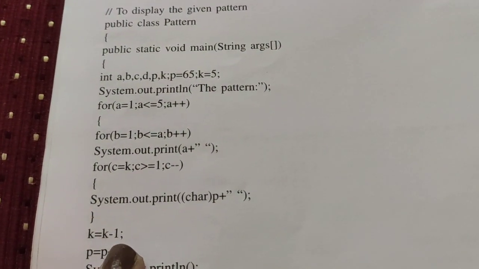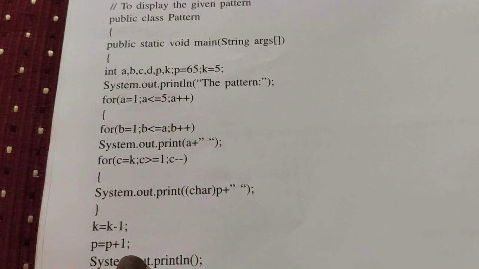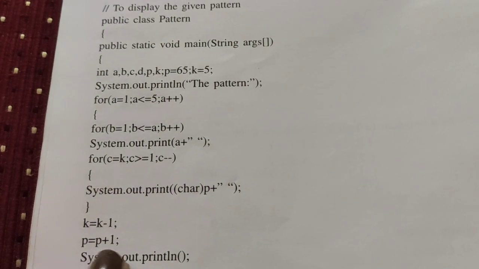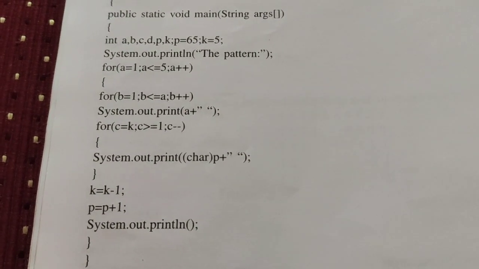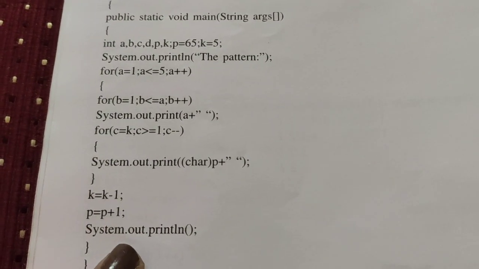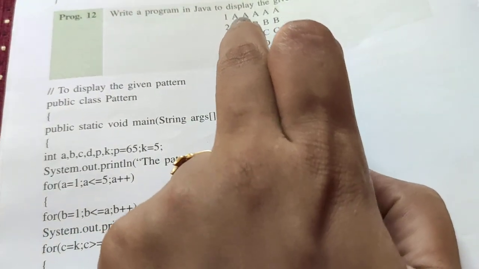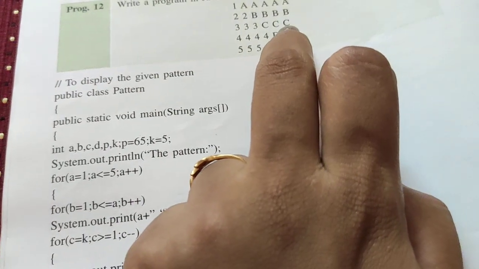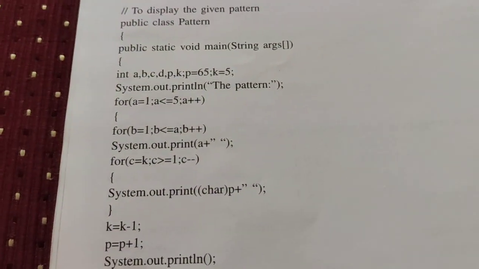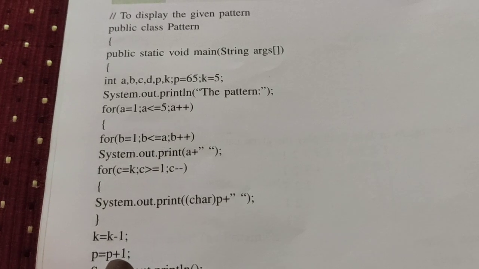That is the reason they have initialized k is equal to k minus 1 and p is equal to p plus 1. The alphabet value is going to increase: a value is 65 and for next, b is 66, right? That is the reason they have given p is equal to p plus 1.